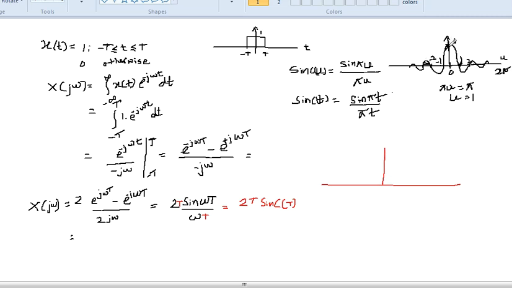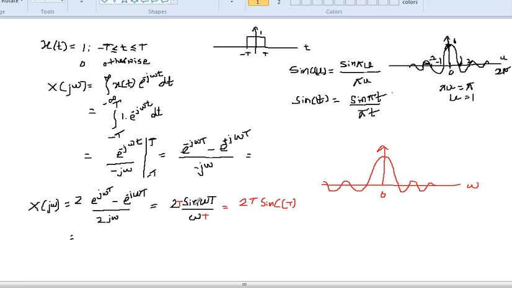Now the signal will be of sinc form. Let's draw it in this way and even in this way. Here 0, those are omega. Now the highest amplitude is at omega equal to 0.